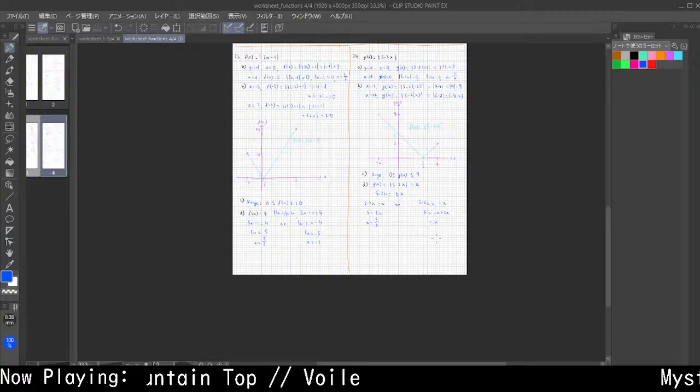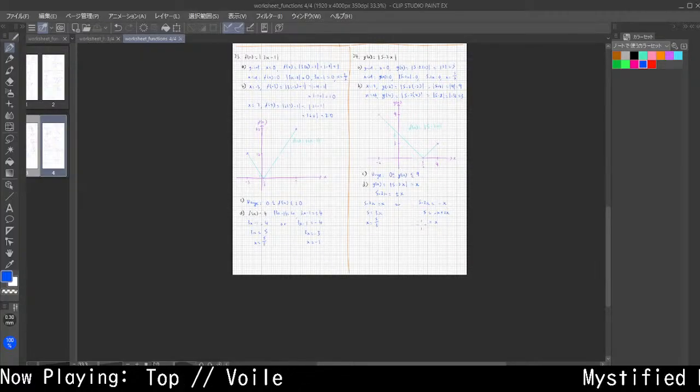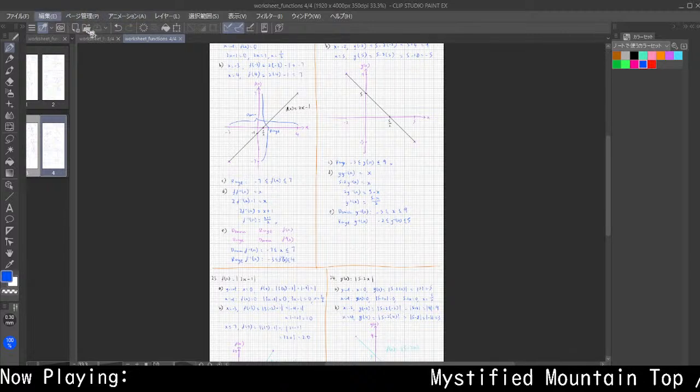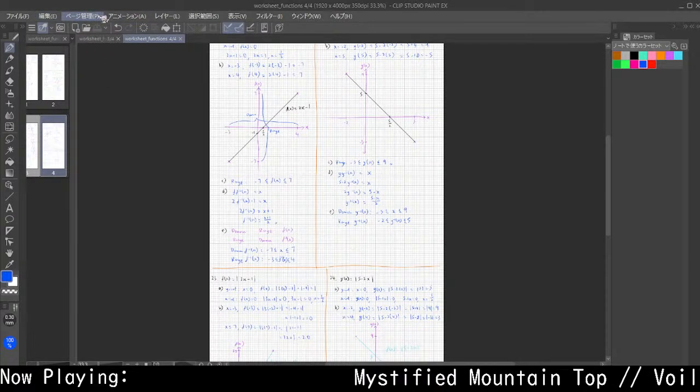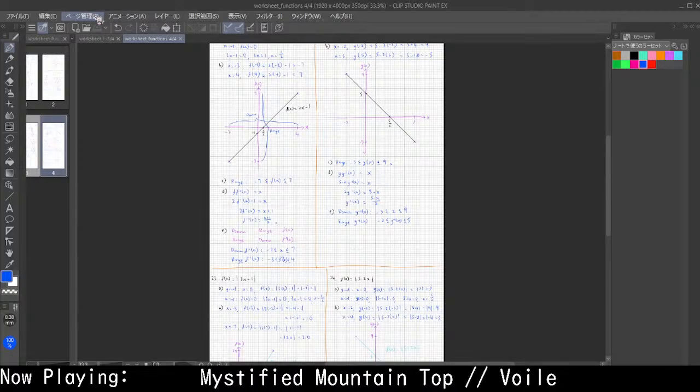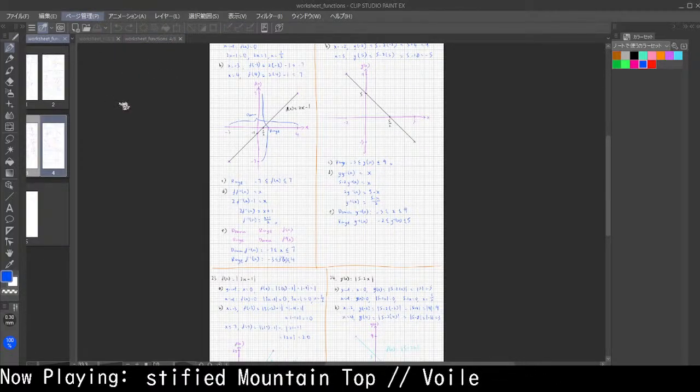Okay. 4 page done. Onwards. New page. 2 new pages, please. One more.